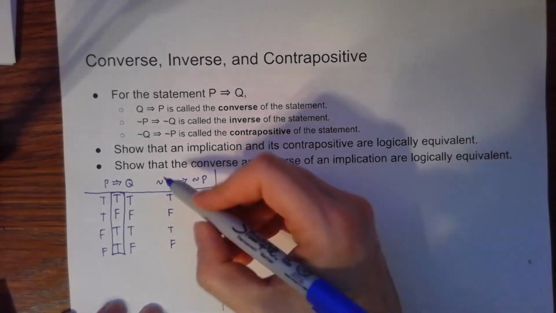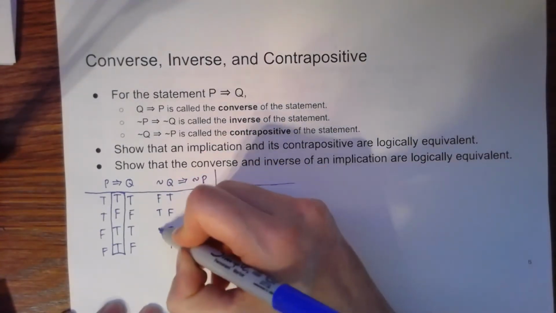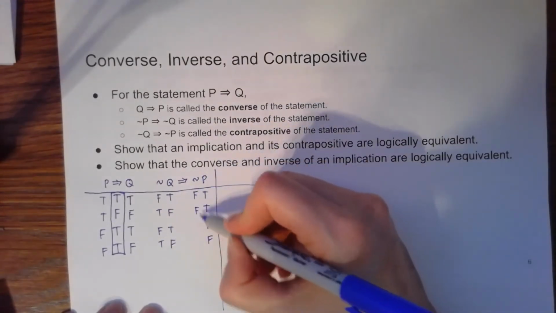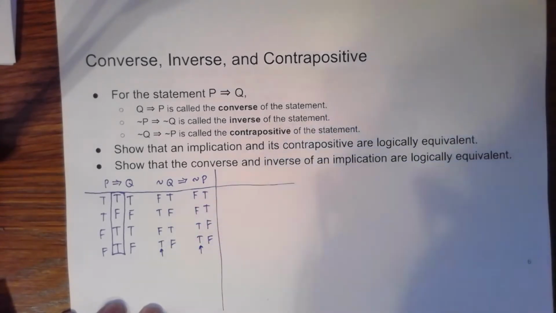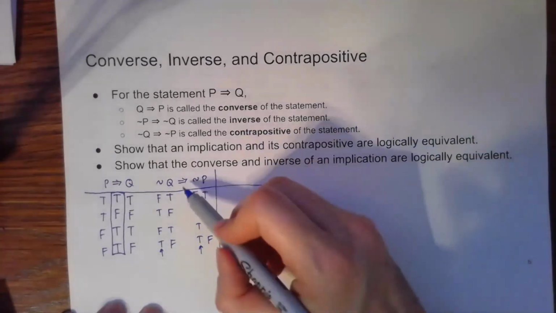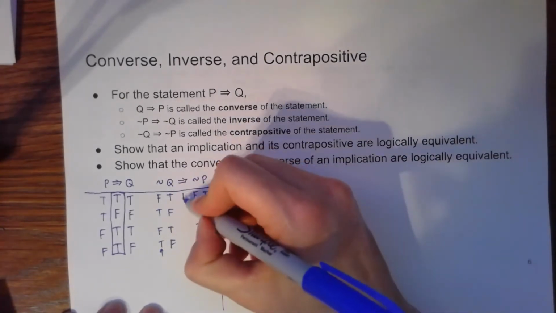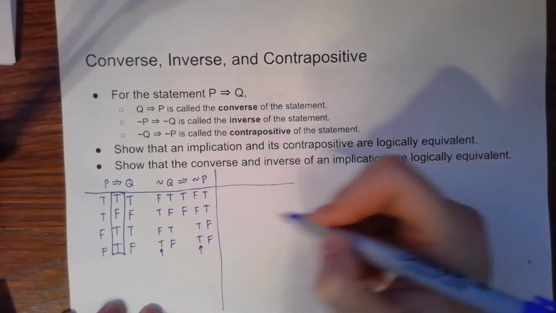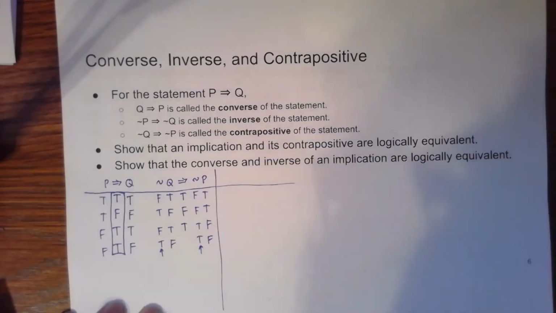For the contrapositive, let's first negate Q. We get false, true, false, true. And negate P, we get false, false, true, true. Now we look at these two negated values and use those in our implication. False implies false is true. True implies false is the false one. False implies true: as long as you have a false hypothesis, you always get true.